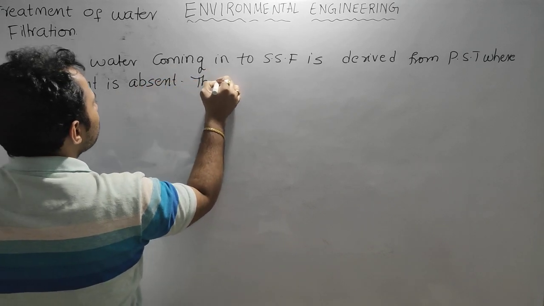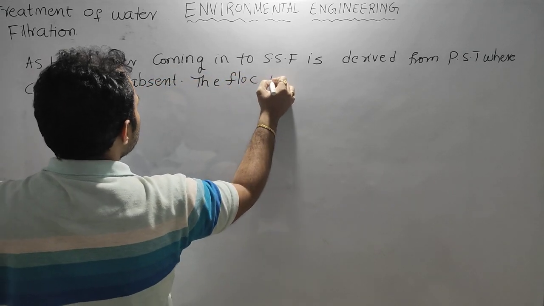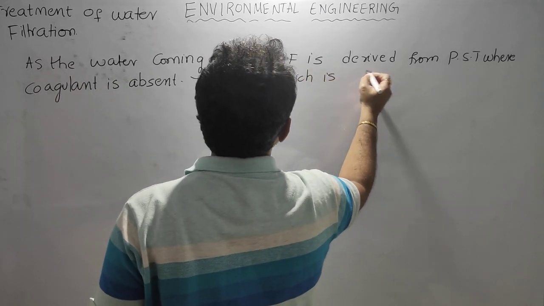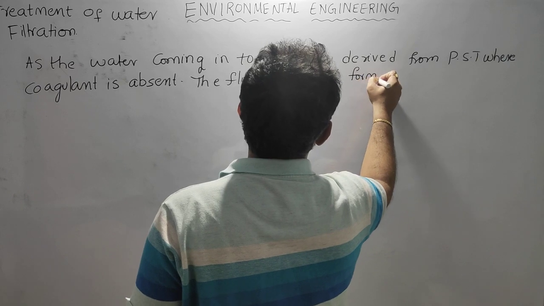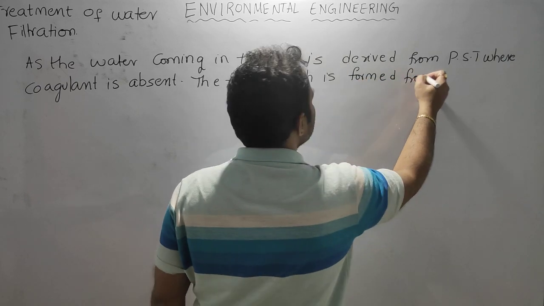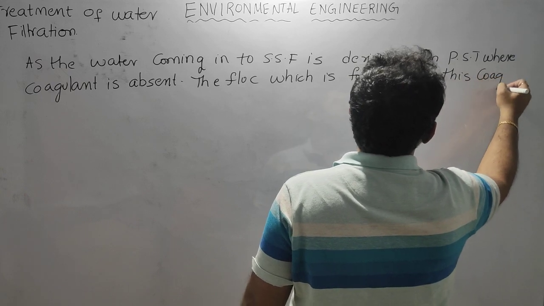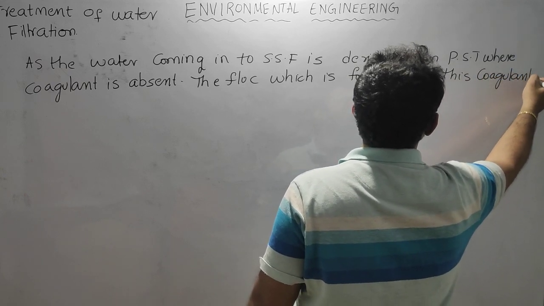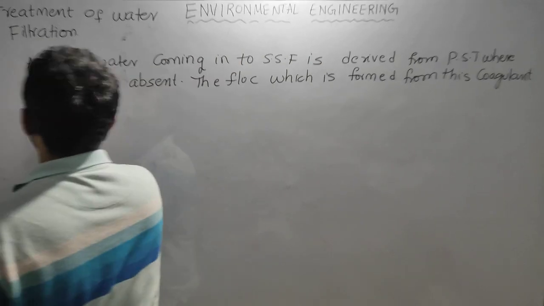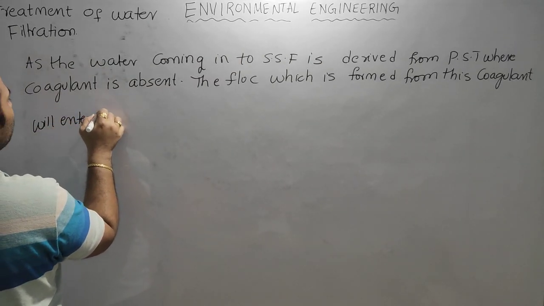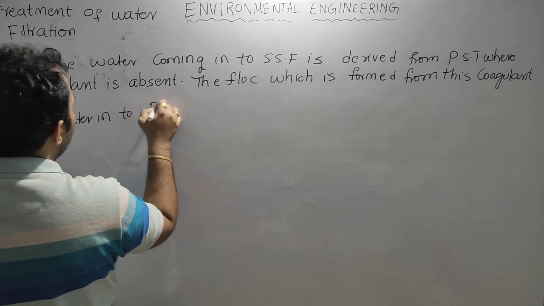The floc which is formed out of the coagulant, unsettled in the secondary sedimentation tank, will enter into the rapid sand filter.